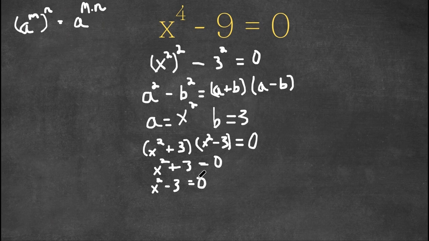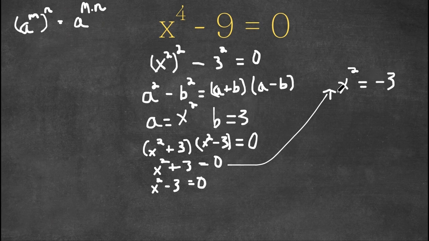For x squared plus 3 equals 0, we solve this by subtracting 3 on both sides. If we subtract 3 on both sides, we get x squared is equal to negative 3.